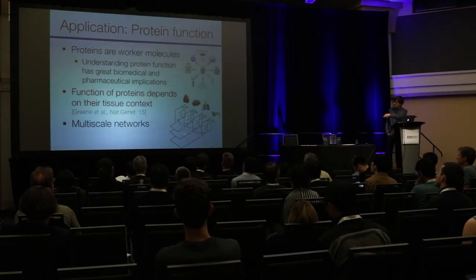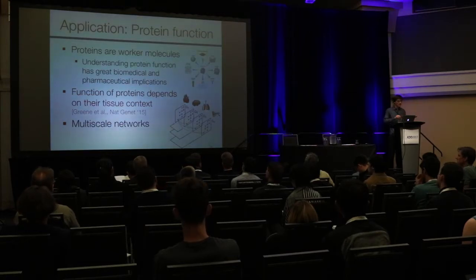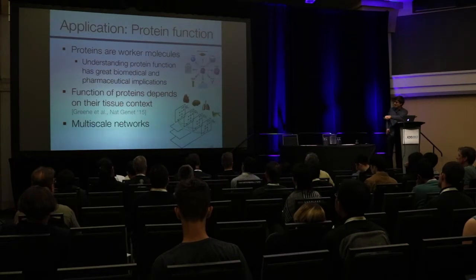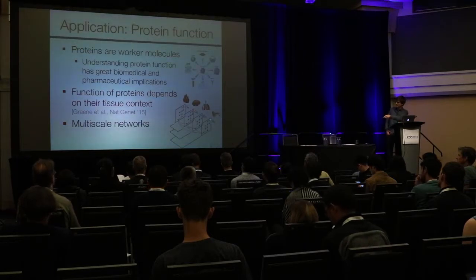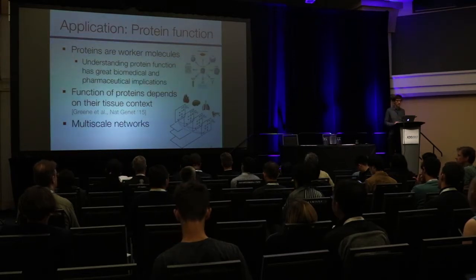But I will also have a hierarchy of how these tissues are related to each other, and I will connect this into one giant network. So I'll have these multi-scale layered networks: for every tissue, a separate network, and then these networks are connected into a hierarchy depending on the biological relationship between the tissues.